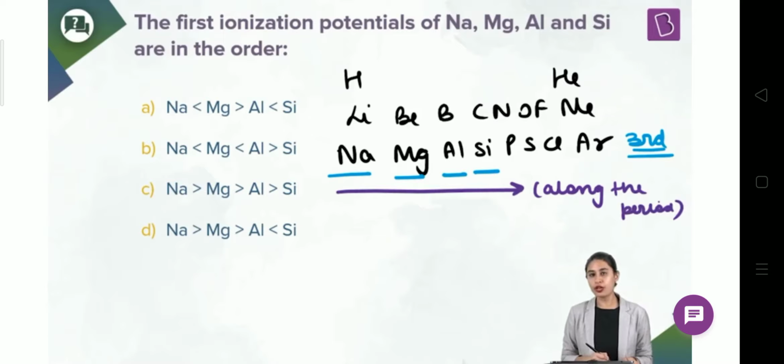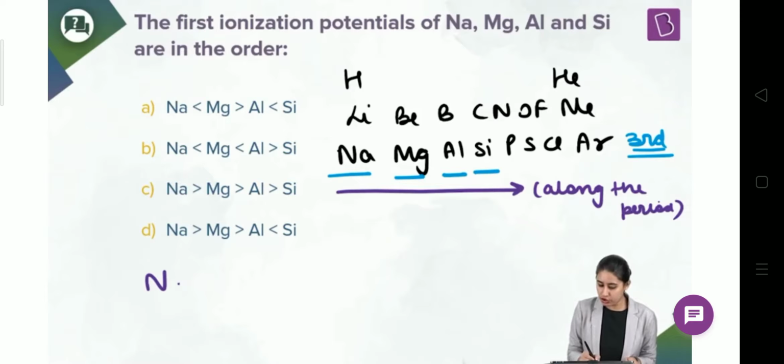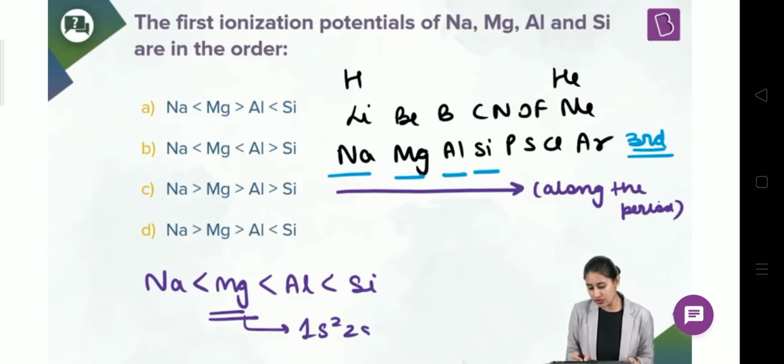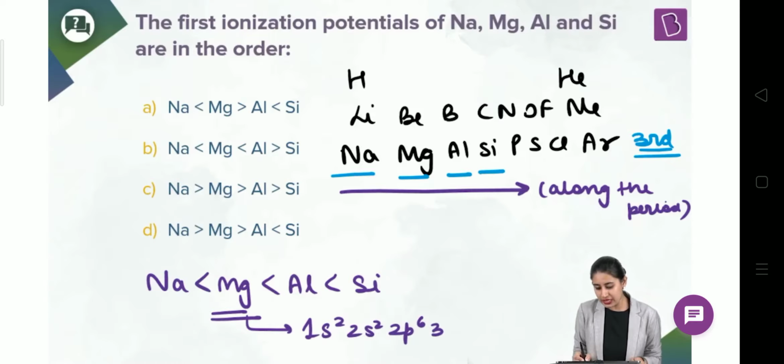If I talk about along the period, we know the general trend that sodium should have the minimum and silicon should have the maximum, because as we move along the period, the ionization energy increases. But we also know for a fact that when I am talking about magnesium, the electronic configuration is very important here: 1s2, 2s2, 2p6, 3s2.